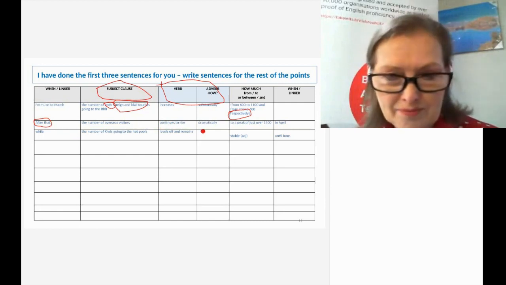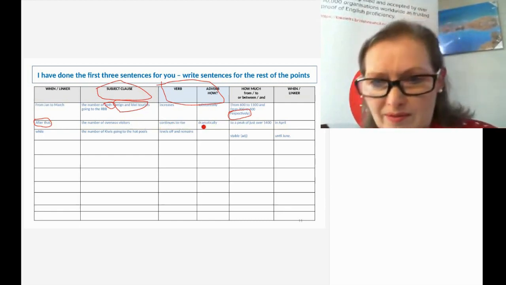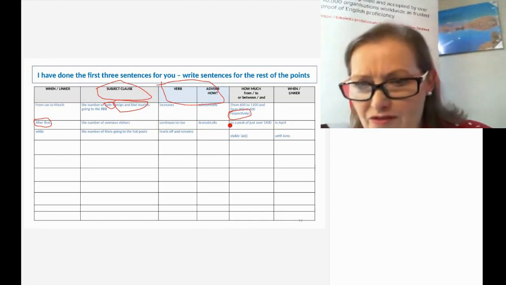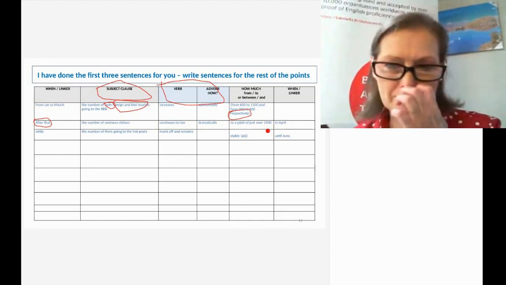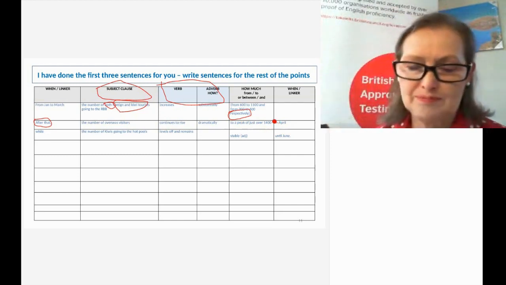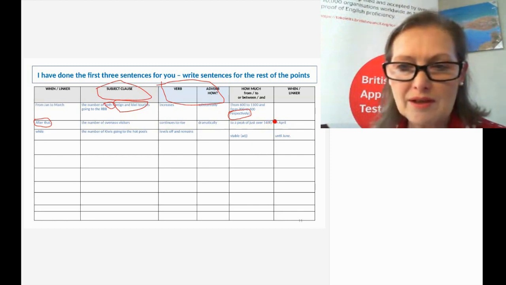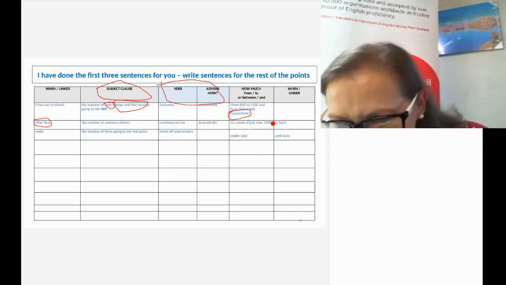Dramatically is a nice extreme adverb. To a peak of just over 1400 in April. So if I'm talking about a peak, I'm talking about in April.